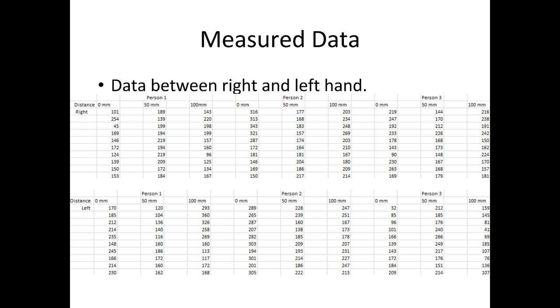So with 3 people and 3 displacements, and within these displacements there are 10 trials. We have 60 trials for each person, 10 at each different displacement, and 30 for each hand.